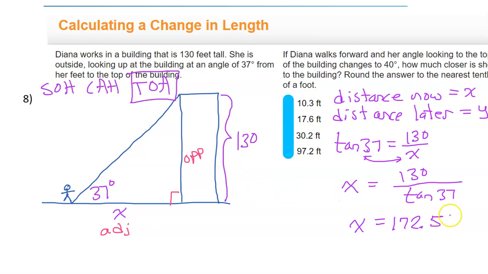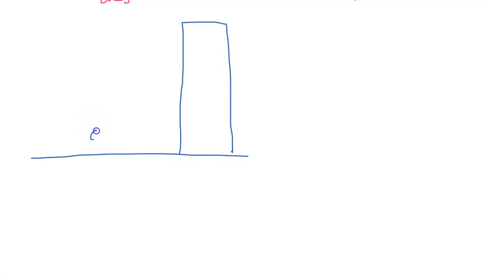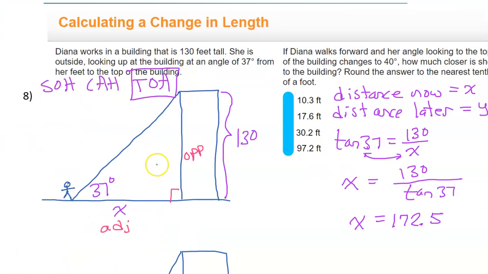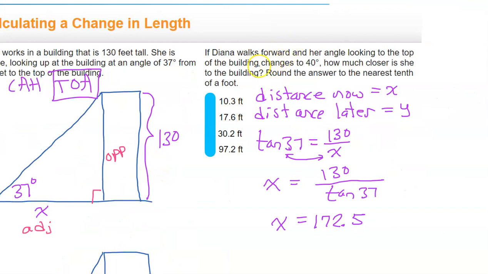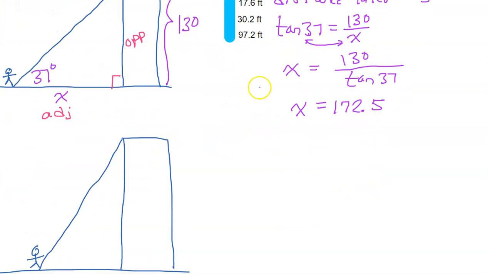So let's change the situation and find the second distance. Alright, so most of this picture is going to be the same, but this time she's just going to be a little bit closer. So here's the building again. And here's Diana. And so they said they want to know how the distance changes if the angle looking up to the top of the building changes to 40 degrees.